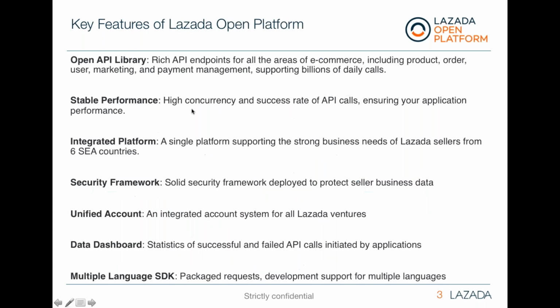And here are the key features of the Lazada Open Platform. The first one is the Open API Library, which means that all the current APIs on the Seller Center have been migrated to the new platform. And in the future, we will also be opening more APIs for our sellers and the ISVs. The performance of the APIs has also been improved, like the stability of the server and the ability to accept concurrent API calls.